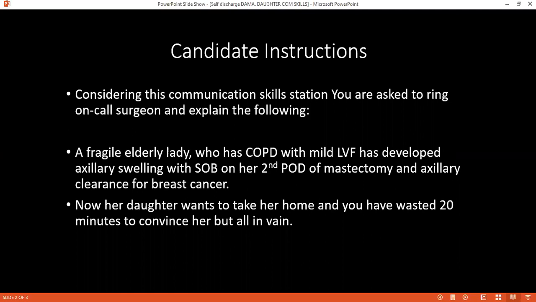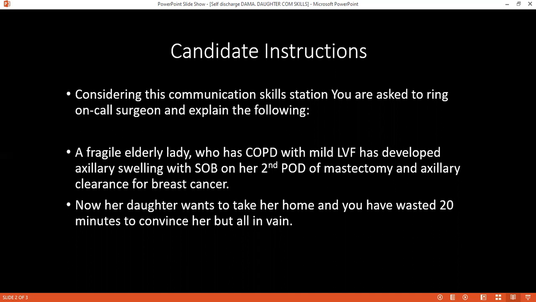Then I'll also leave my number with the nurses in case they want to contact me when they get home. Furthermore, I would also organize a social worker at home if the daughter so insists that she wants to take her mother home. Will you discharge the patient on drain, or will you remove the drain, doctor?